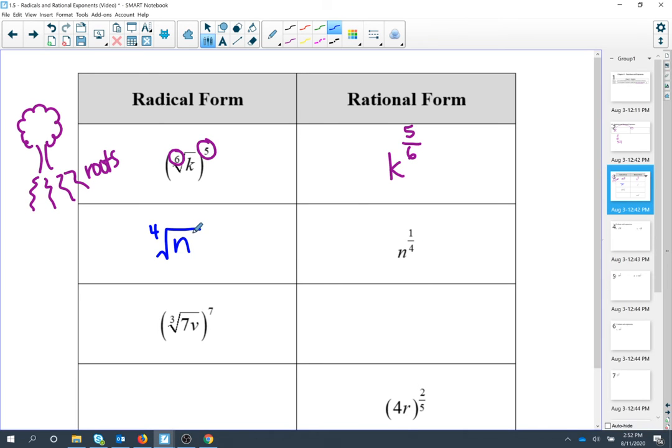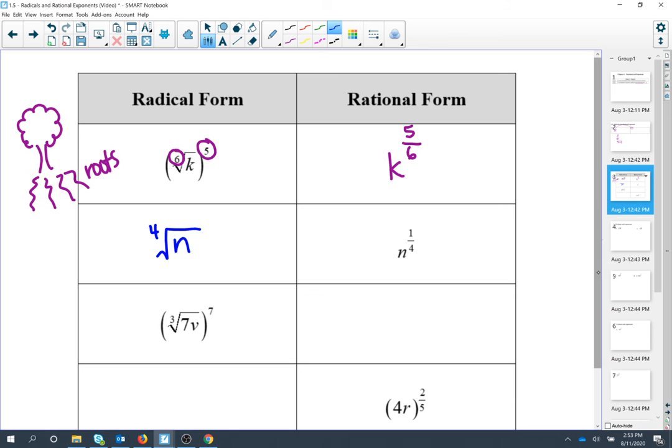So I could either do a power of 1 right there, or your other option is you could put the whole thing in parentheses and do a power of 1 back there, kind of like they did up here. Either one will work, they're both the same thing, but then more importantly here, do you really need a power of 1? And the answer is no, so we're just going to leave it as the 4th root of n.